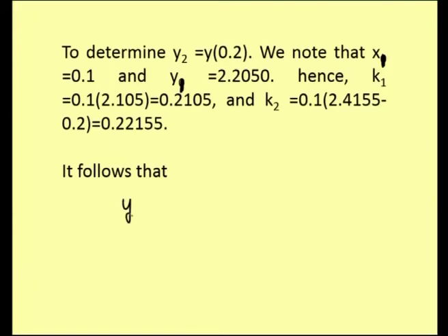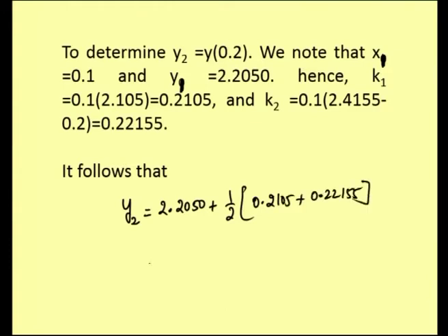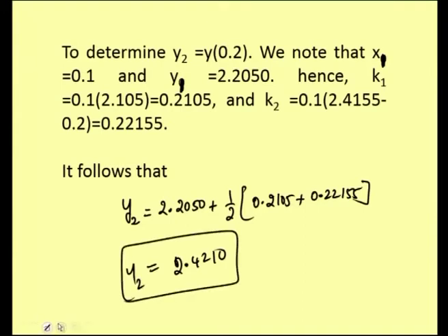So, it follows that y2 is equal to 2.2050 plus 1 by 2 into k1, which is 0.2105, plus 0.22155, and the y2 value comes to be equal to 2.4210, that is y of 0.2.